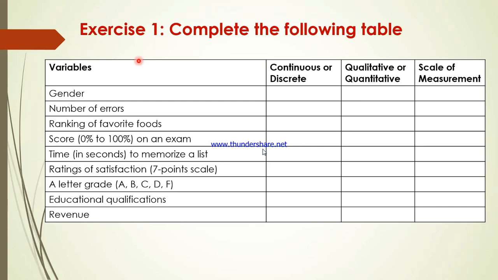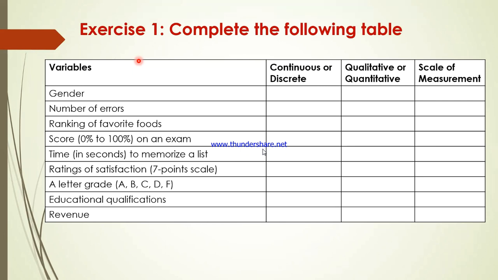Right? So here the values for the number of errors are obtained by counting. So continuous is not possible. So it is a discrete variable. Then whether it is qualitative or quantitative, you look at whether the measures are numerical or non-numerical values.